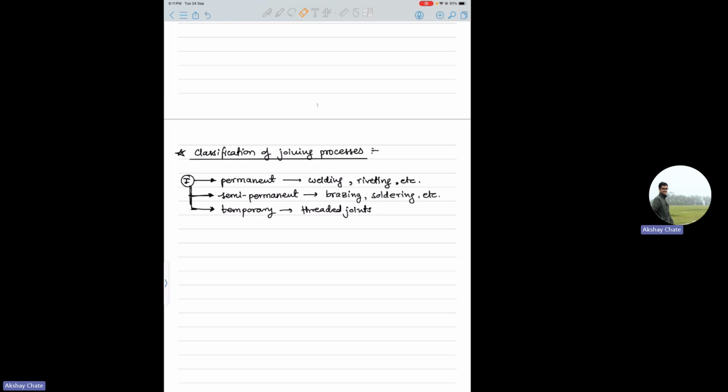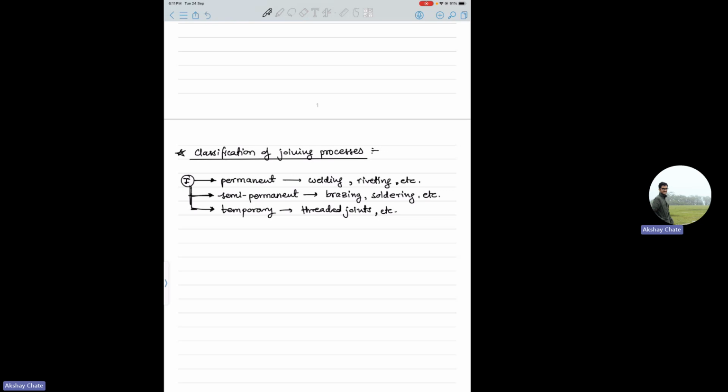But this is not that important because of the classification that is important, one set of which was discussed in the class. Basically there are two more ways to classify.